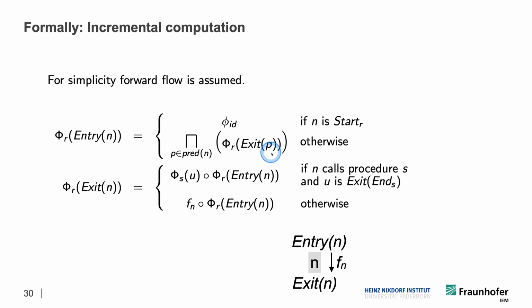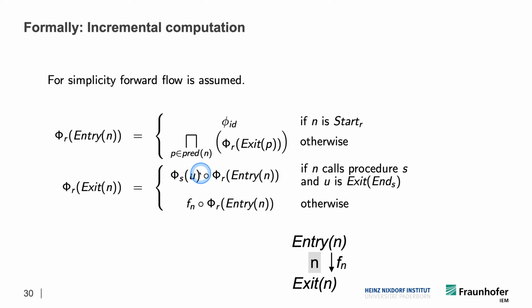And then if we want to compute the summary function for an exit, we need to take into account the flow function of the current statement, which is this function here. So if n calls procedure S and U is the exit function of the end statement of S, this is basically a procedure summary for a call.